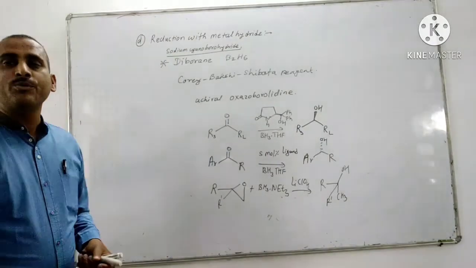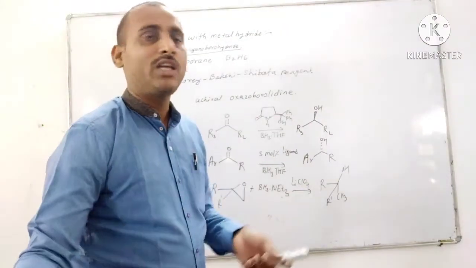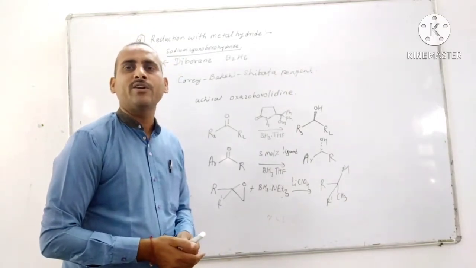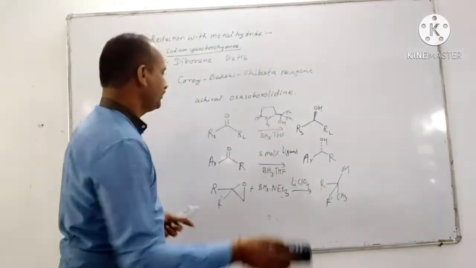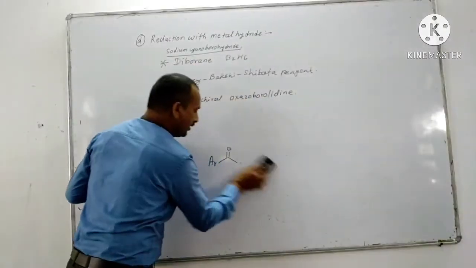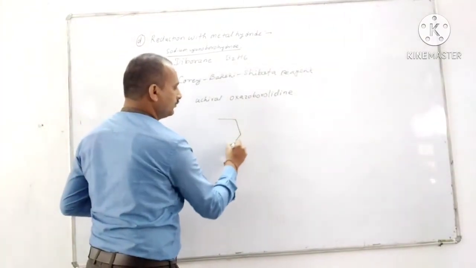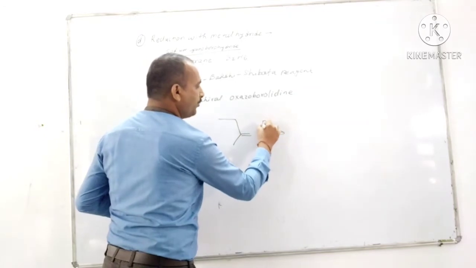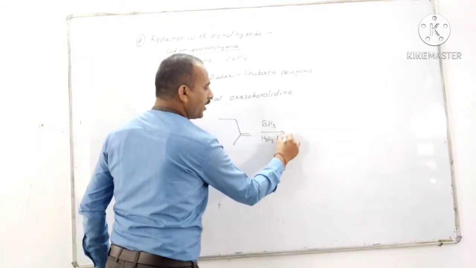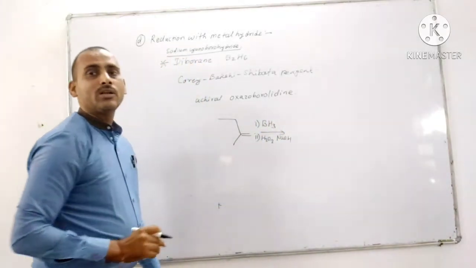Now let's see the hydroboration reactions. So hydroboration followed by oxidation. So alkene gets converted to alcohol by hydroboration followed by oxidation. So in presence of BH3 followed by H2O2 in presence of NaOH. So first step is hydroboration and followed by oxidation.